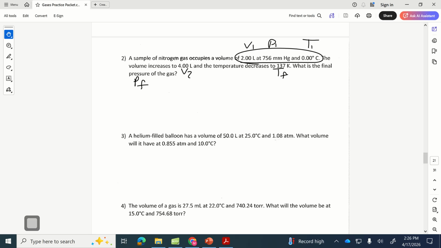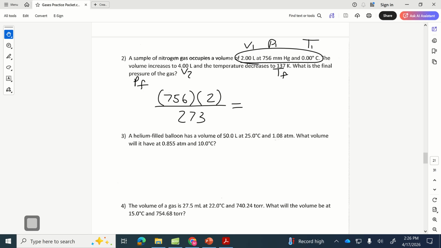So if I set this up, I'm doing P 756. I don't need to change it this time because I don't have the other pressure unit, so I can leave it as millimeters of mercury, times 2, which is the volume, over 0 degrees, that's 273. That's the formula with Kelvin.